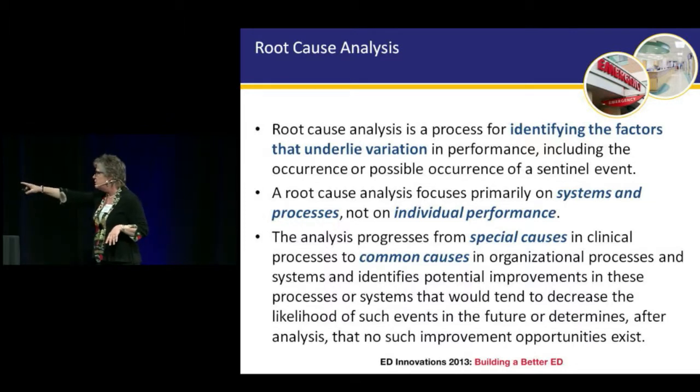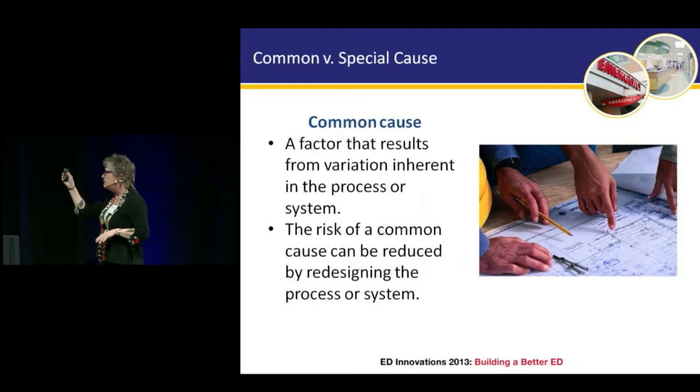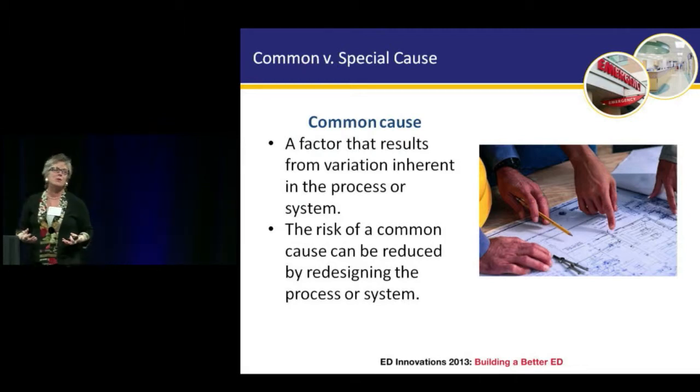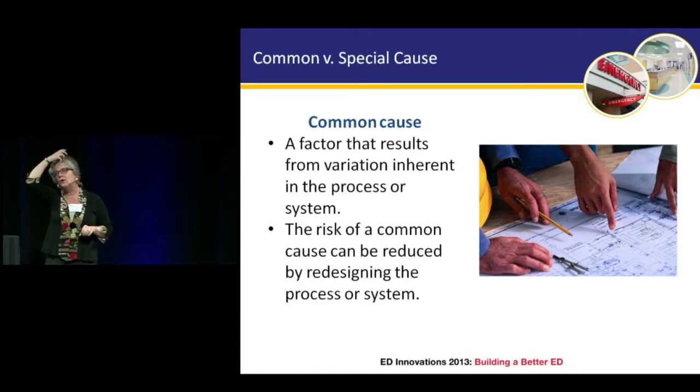They want you to look at both special causes and common causes. So common cause, this is things that are so inherent in the process that sooner or later someone's going to get hurt. Let me give you an example. A very, very, very busy ophthalmologist doing a series of cataract surgeries.